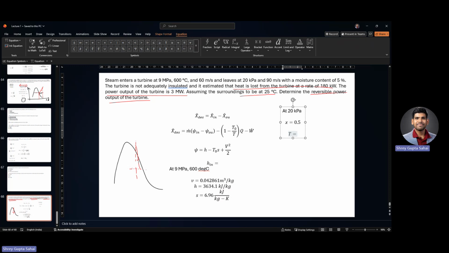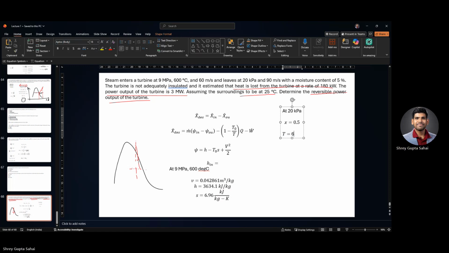So we are at 20 kilopascals. Okay. T will be 60.06 degrees Celsius.